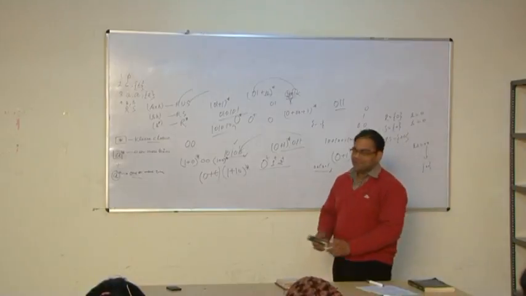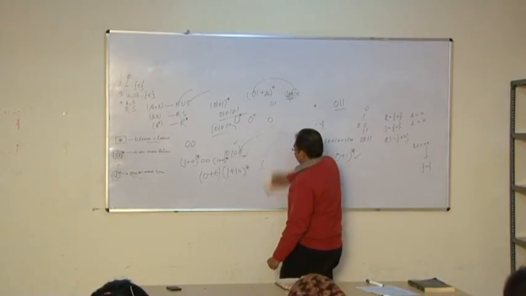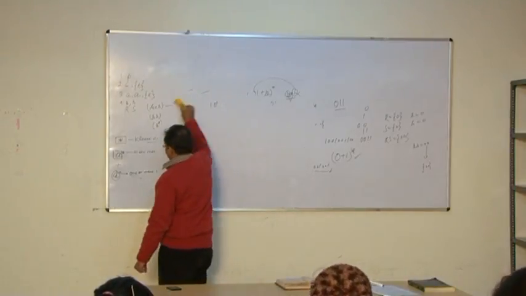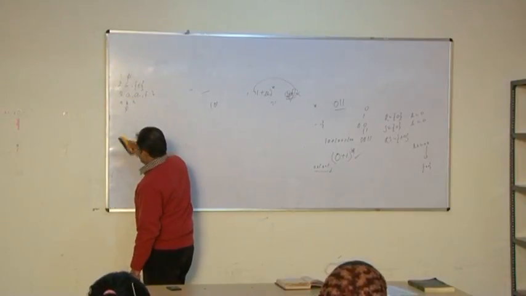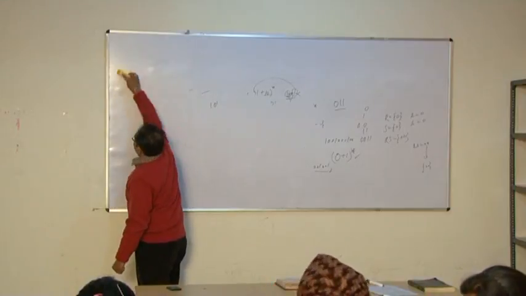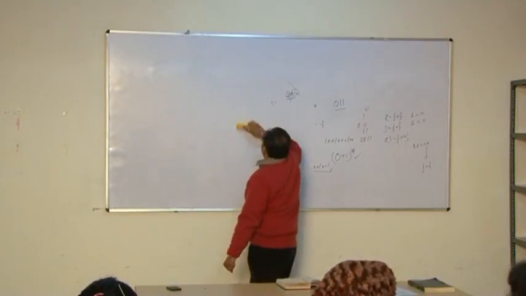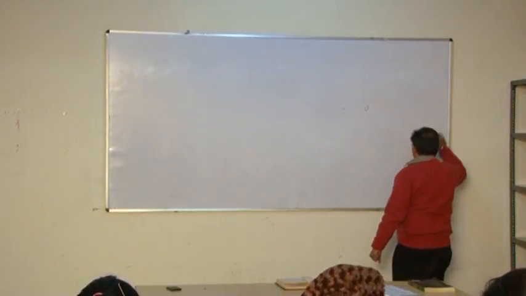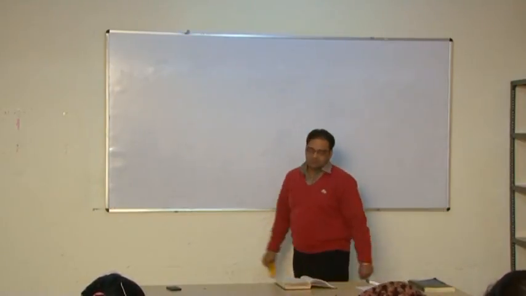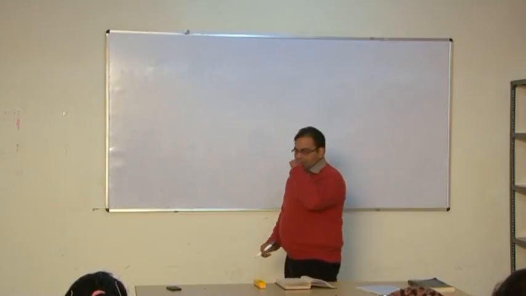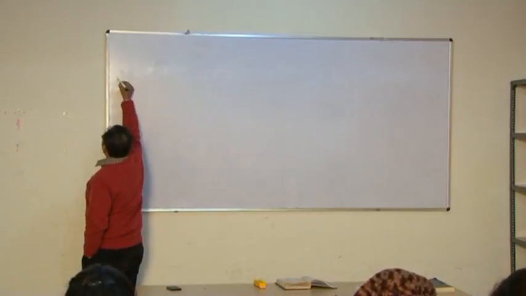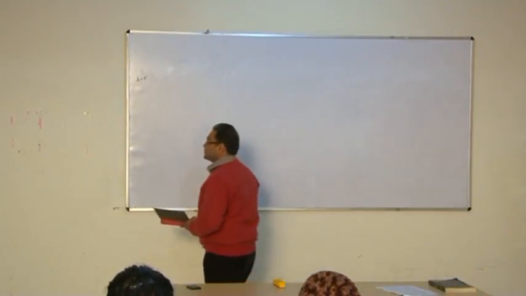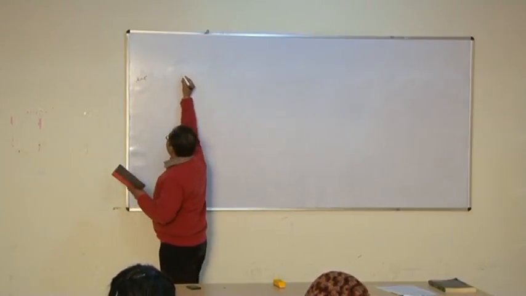Then we will be done with section B. So if the regular expression is epsilon, how do we convert it into the finite automata?